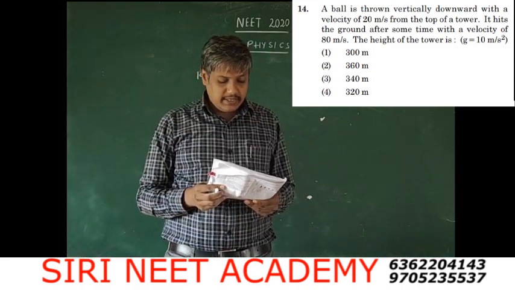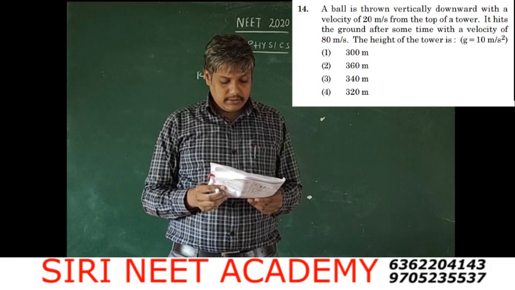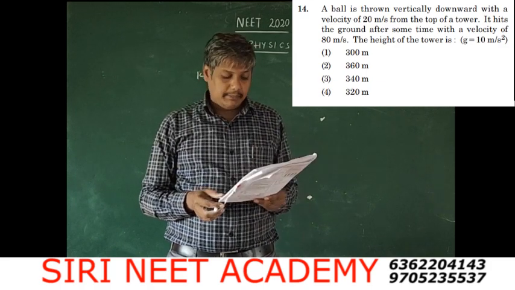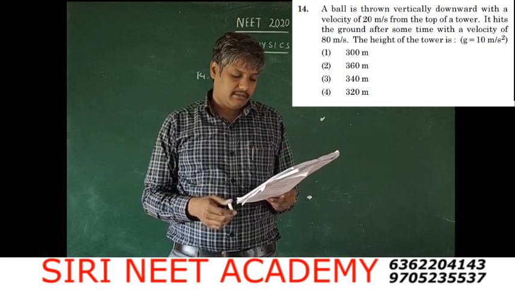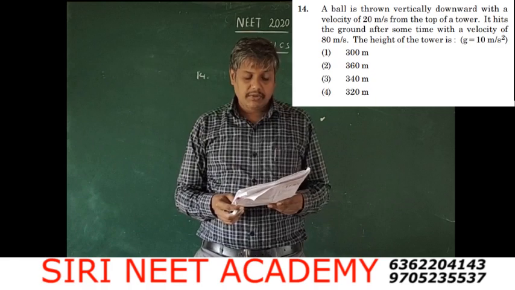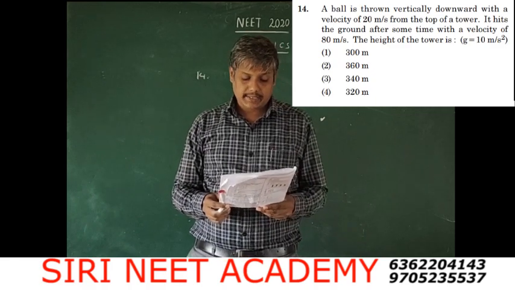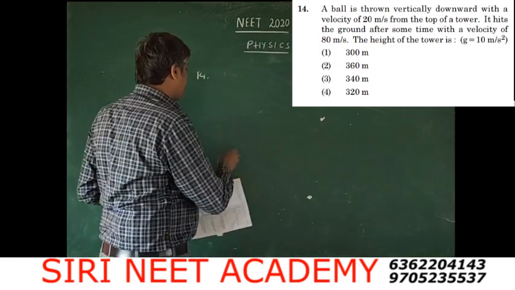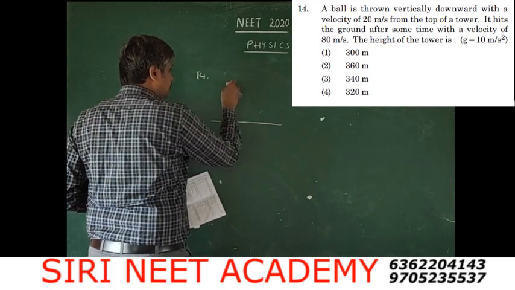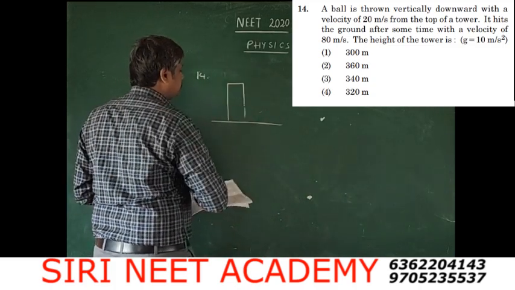A ball is thrown vertically downward with a velocity of 20 meters per second from the top of a tower. It hits the ground after some time with a velocity of 80 meters per second. The height of the tower is. So this is the tower.